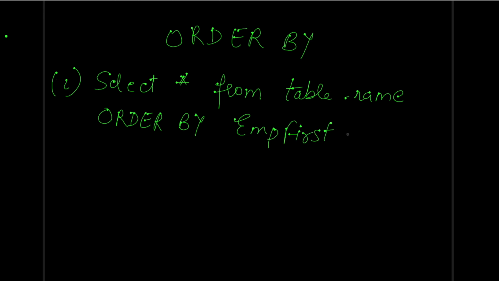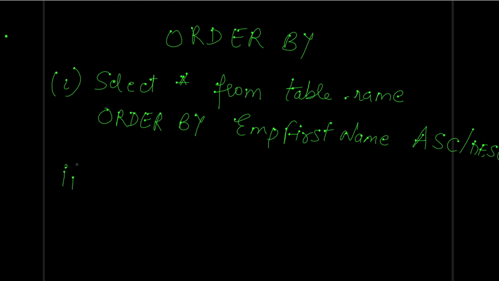So it would be employee first name, and then you need to define whether you want to sort the data based on the ascending order or in the descending order. If you want to sort the data based on the ascending order, then it would be ASC, otherwise it would be DESC. And let's say you have not defined whether it should be in the ascending or descending order. So by default, it will sort the data in the ascending order.